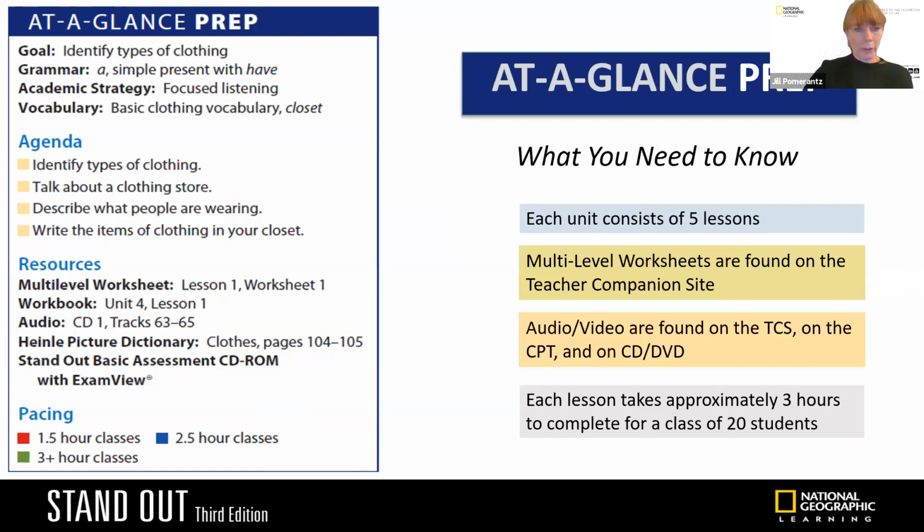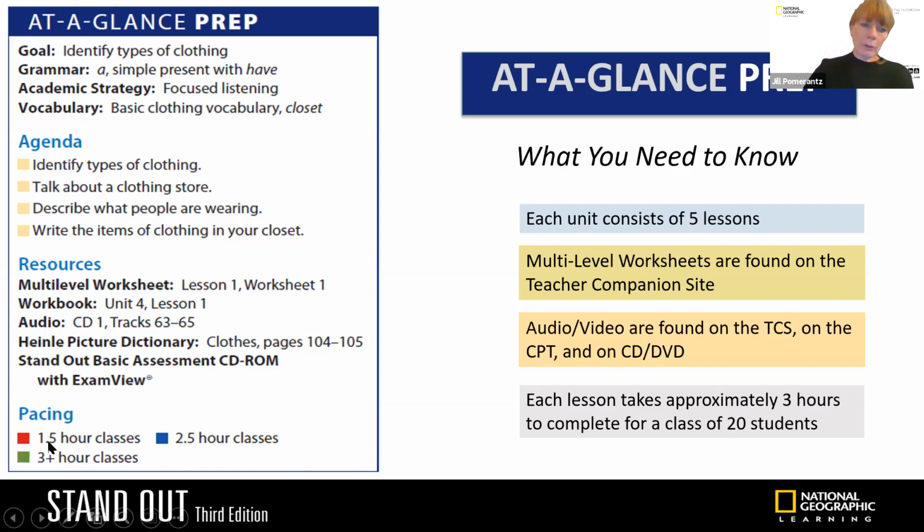It'll be much quicker. But if you are short on time, you will notice in the lessons, in the lesson planner, there are red, green, and blue boxes. And those are to help you pace yourself. So if you only have an hour and a half, you'll only be able to do the red boxes.